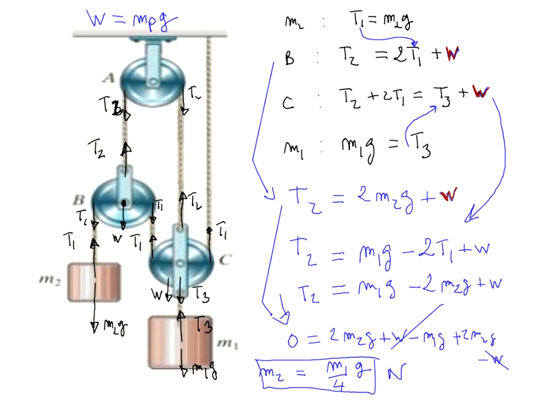This will be new, this will be new, this will be new. So those are the new stuff if you consider a massive pulley. And again, in this case, they happen to cancel each other, which is interesting. In all the other problems, I believe that they won't. Good question.